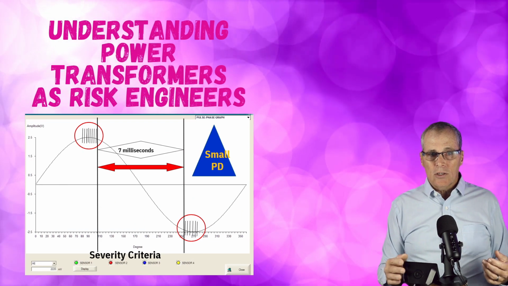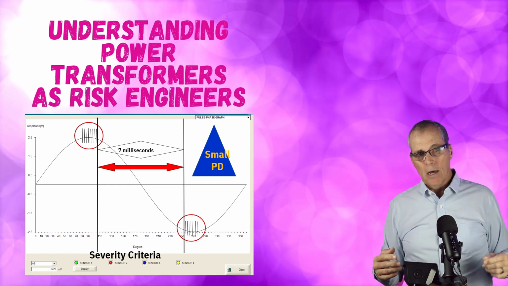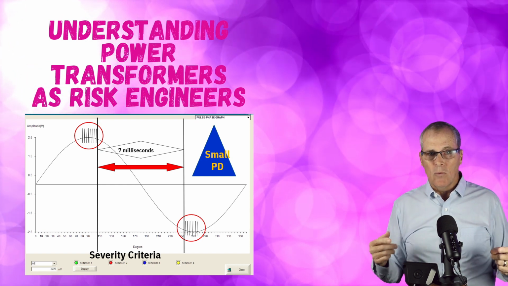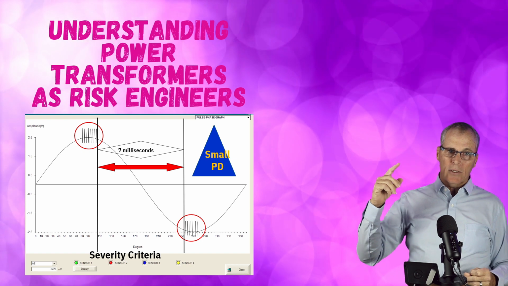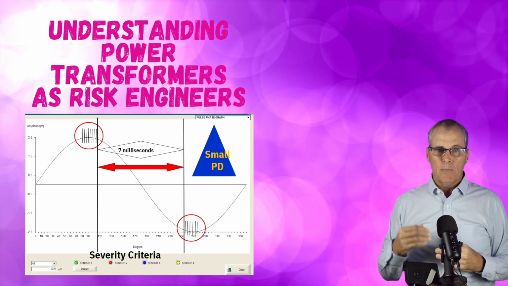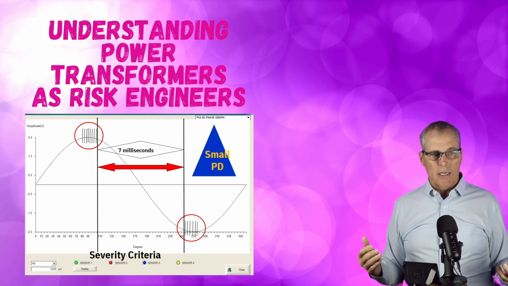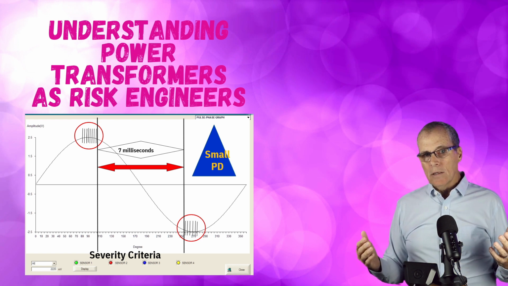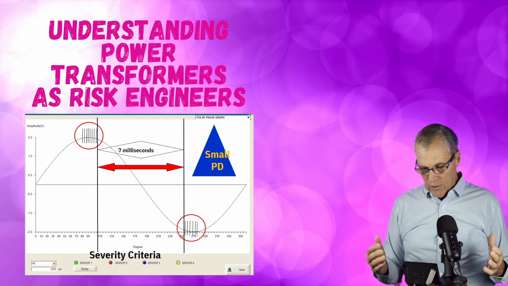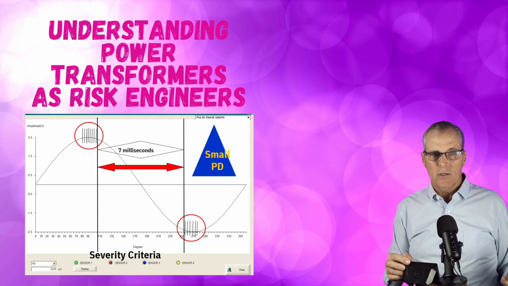Okay, so let's talk about what that looks like a little bit. And again, like I said, we've got a little bit of discharge at the peaks of each of these waves. So at the top of the first peak and the bottom of the second. And if you look, there's 7 milliseconds, right? So we get a little bit of discharge, and this is what we call small partial discharge, and you wouldn't really take any action for this.